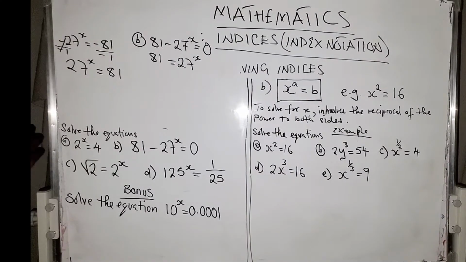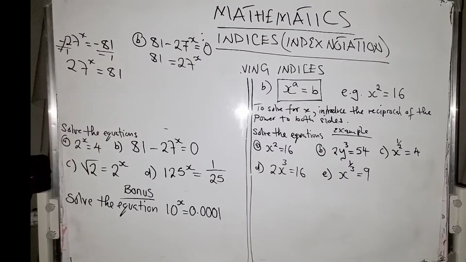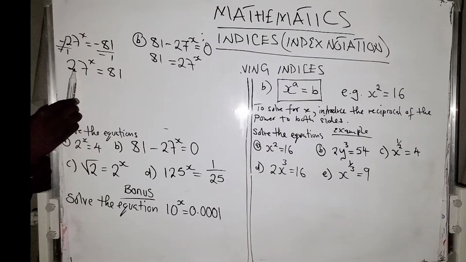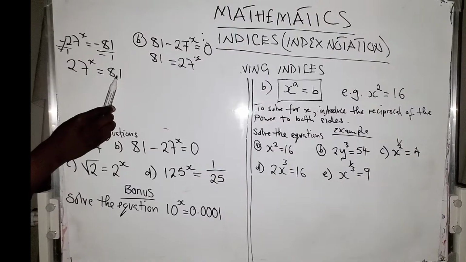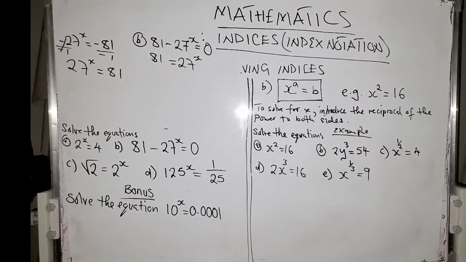Are we together? If I were to go with this one, look at this. Remember, bases are not the same. Make the bases the same. By the way, there are a lot of ways of solving such questions, but just to follow what I'm giving you right now. Look, this is 27, this is 81. We can't change 27 to a base of 81 and 81 to a base of 27, but we can reduce both to a common base.